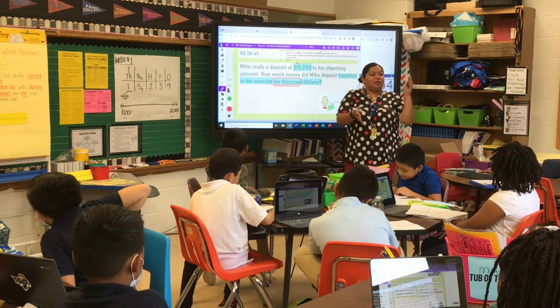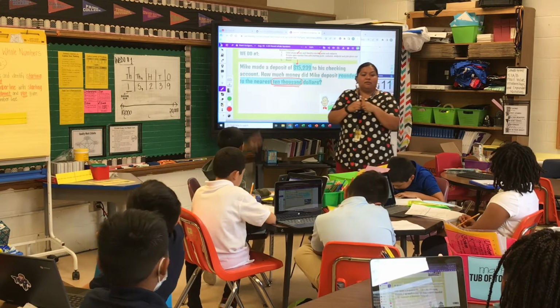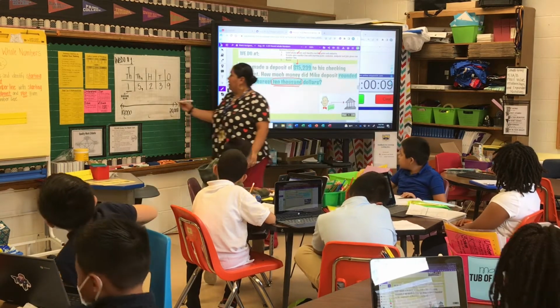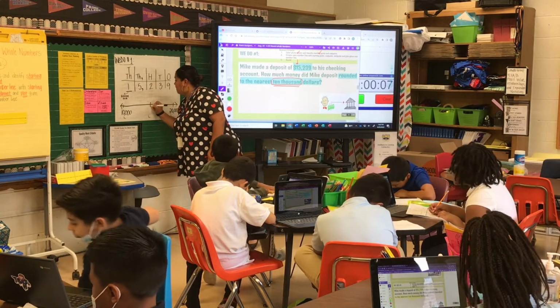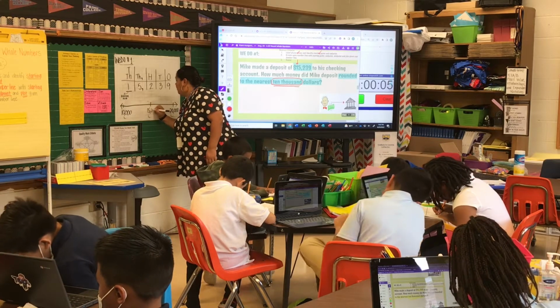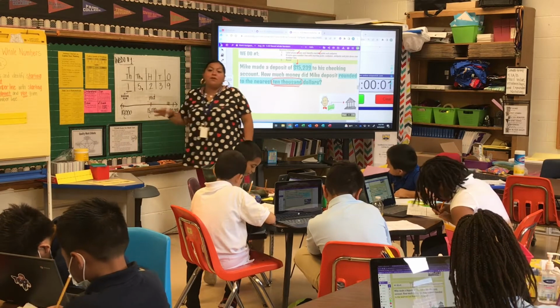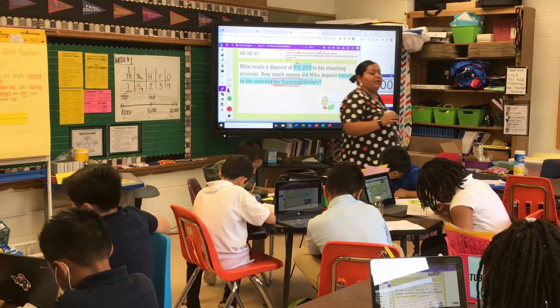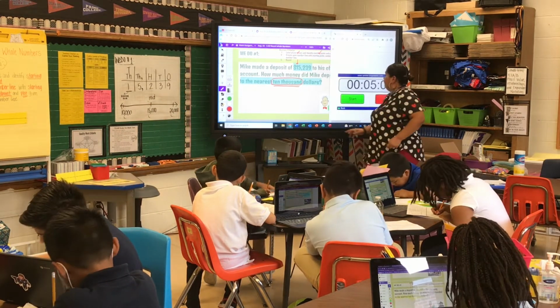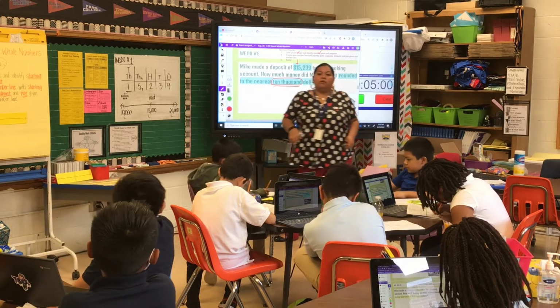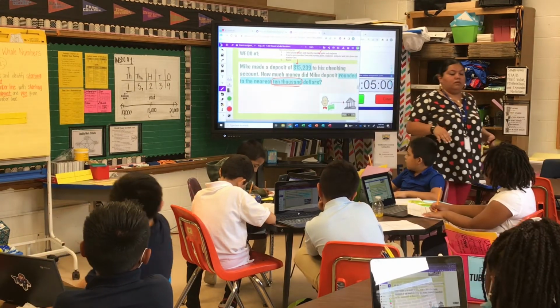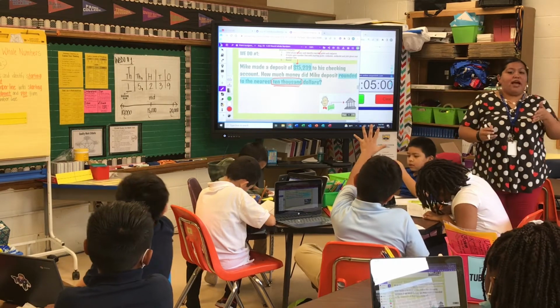So 5,000 plus the 10,000 is 15,000. So what is our midpoint? 15,000. So we're going to label our midpoint. It's very important to label our midpoint because our midpoint is going to let us know what? It's letting us know the halfway mark.